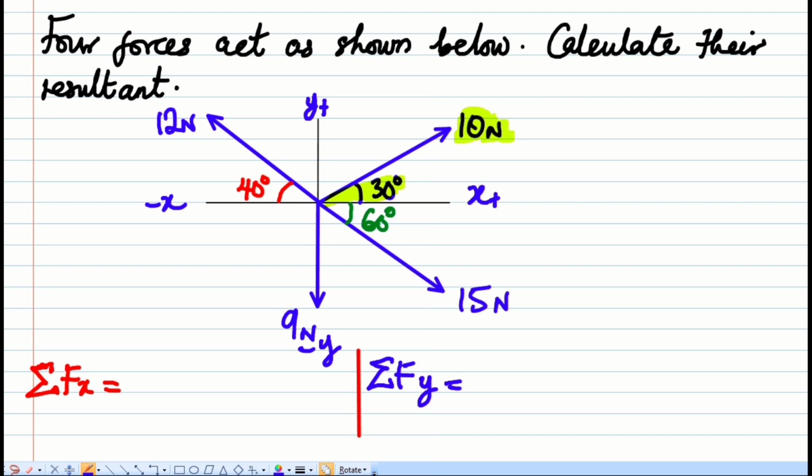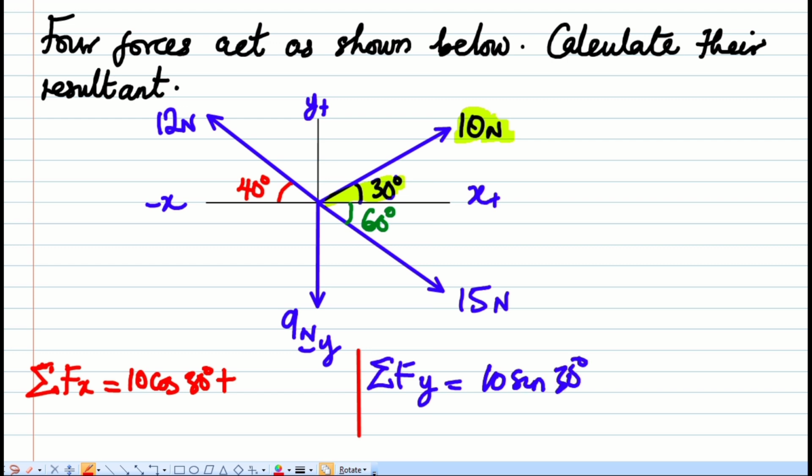This 10 Newton is going towards the positive x direction, so we're going to put plus to it. So that will be 10 cos 30 degrees. That's positive 10, but no need of writing it. For the vertical, it is also going along the positive y direction, so it's going to be positive again. We have 10 sine 30 degrees. So we are done with that one.